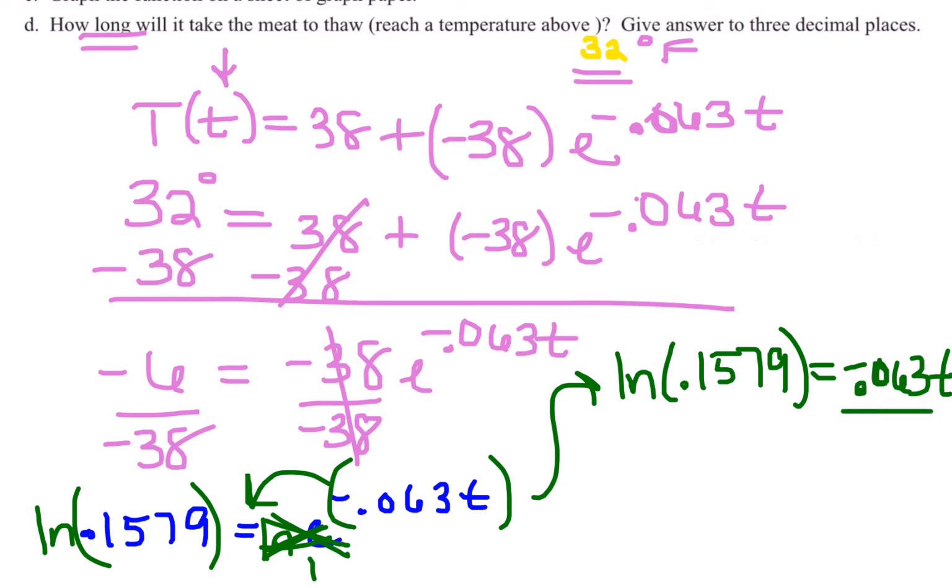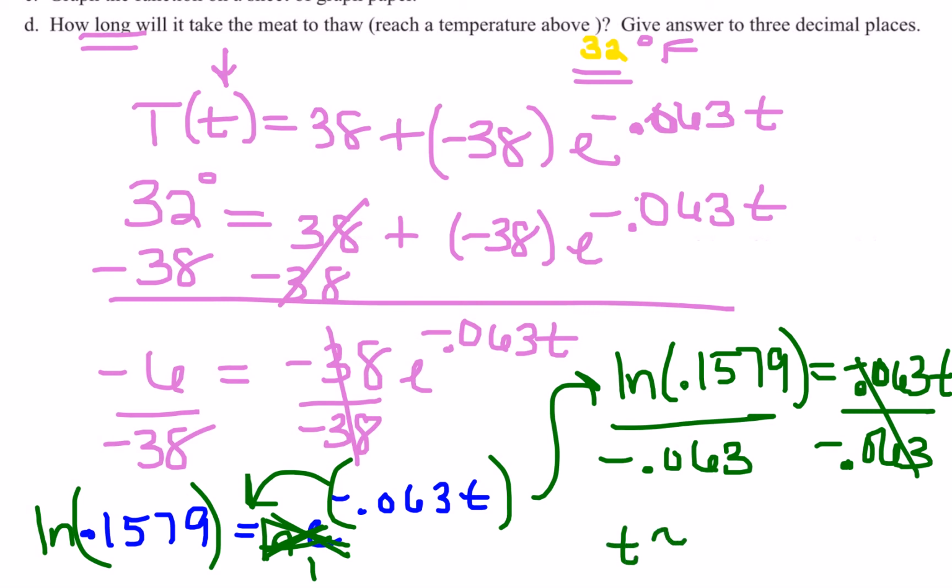Okay, to solve for t, you're going to divide by negative 0.063. That'll get you t to be approximately 29.298. Now, if you were doing to the nearest hour, you would do 30.